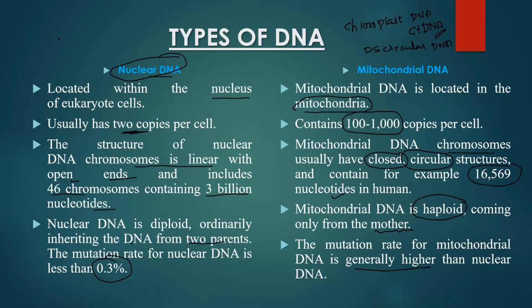So these are the types which are available, and there is also another type of DNA which is interesting to know, that is catalytic DNA, also known as deoxyribozymes.